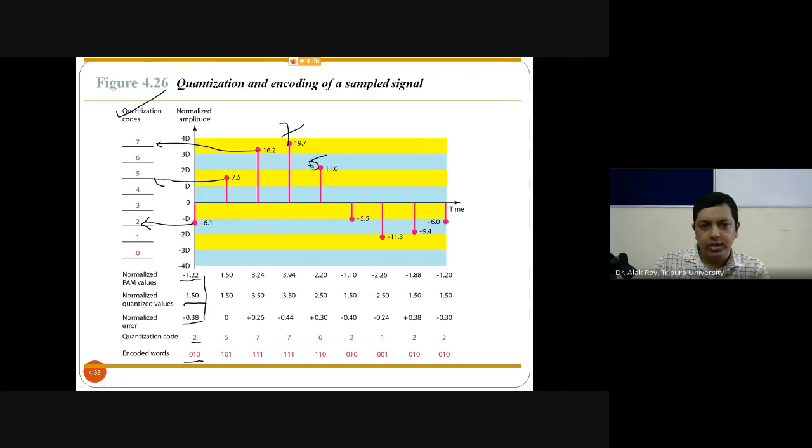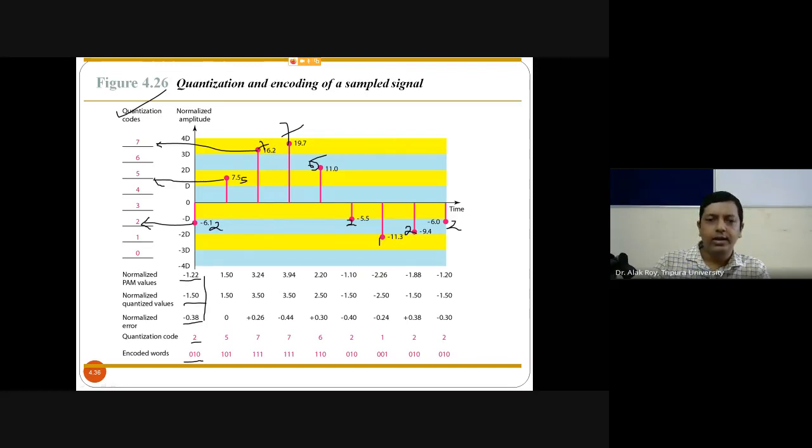It is in position 2, since it is nearest to this point. And it is in level 1. It is in level 2. So simply from this we are able to know that it is in level 2, in level 5, in level 7.